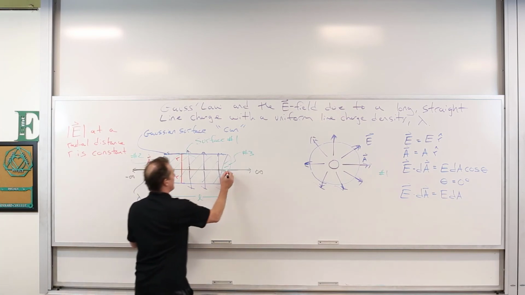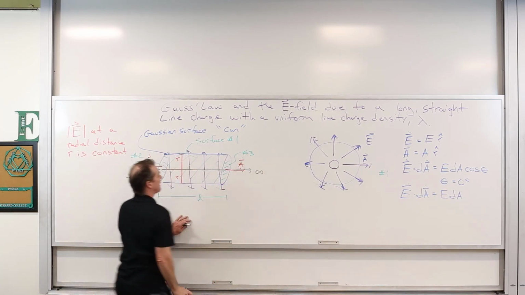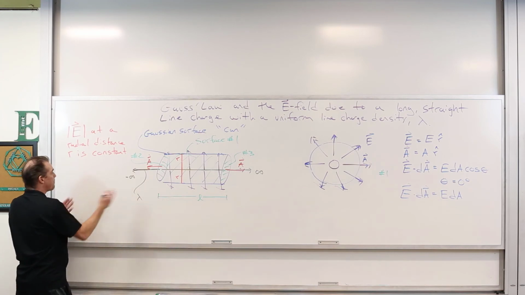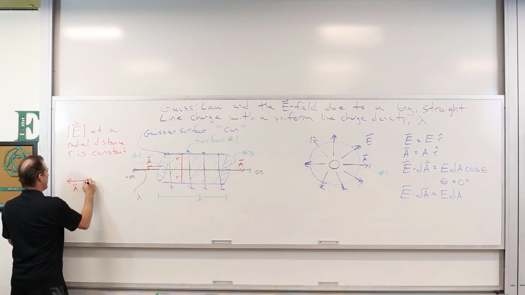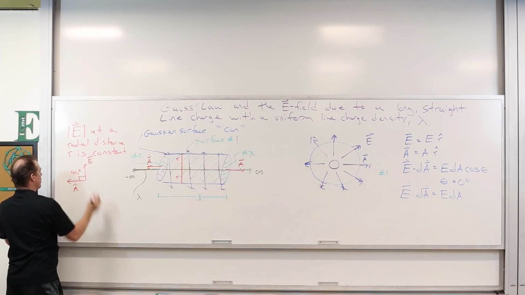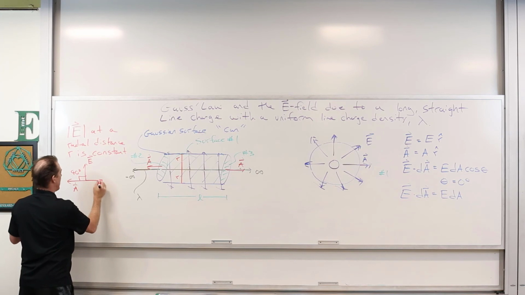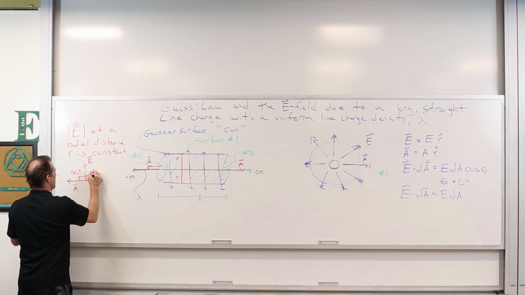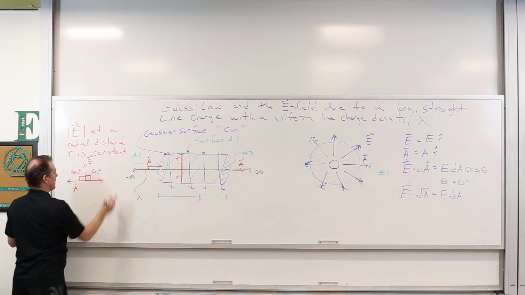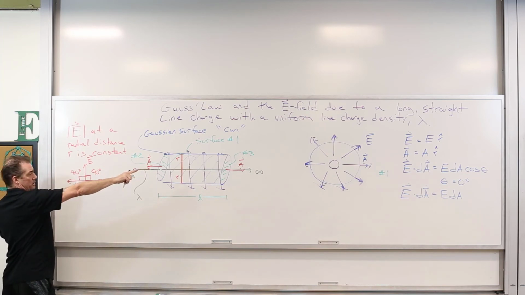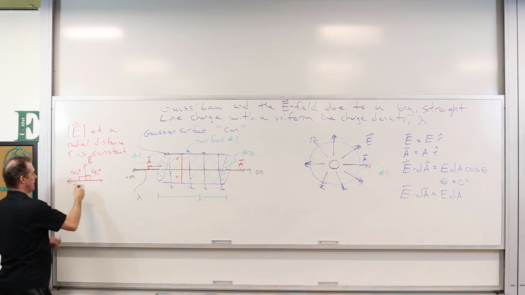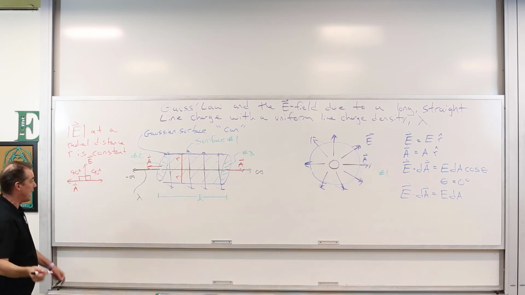A hat's out like that, A hat's out like that on that side. A hat's perpendicular to the direction of E hat. If we've got A hat like that and E hat like that, this is 90 degrees. And it doesn't matter if E was down or out of the board, as long as it's like this, it's always going to be at 90 degrees, perpendicular to the vector A hat.